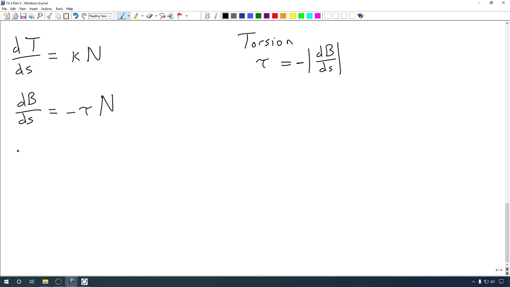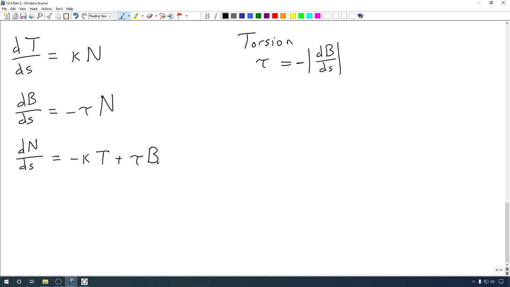There's actually another formula here. If we differentiate n with respect to s, and this one takes a little bit of work to actually prove, the derivative of n with respect to s can be made up of a combination of t and b. It's actually negative kappa times t plus tau times b.